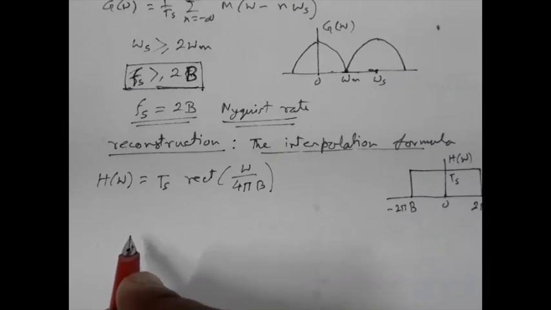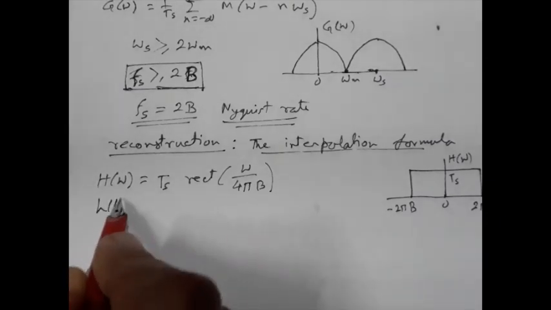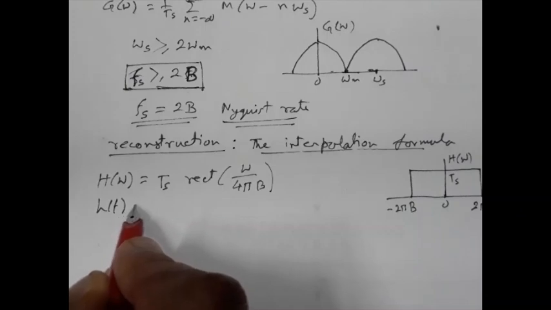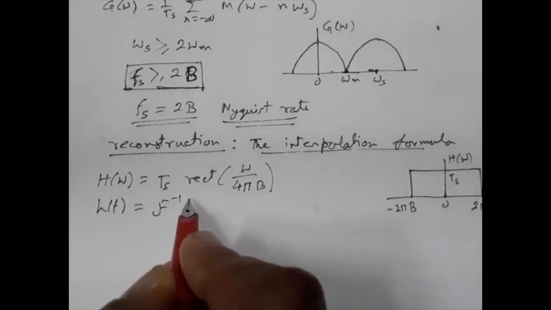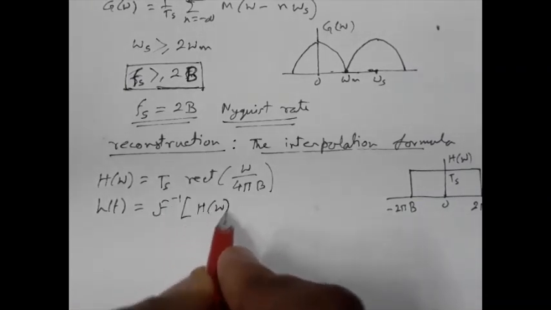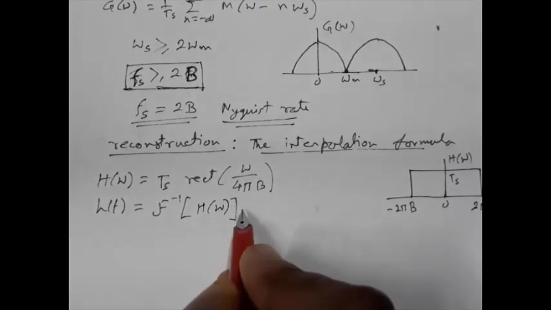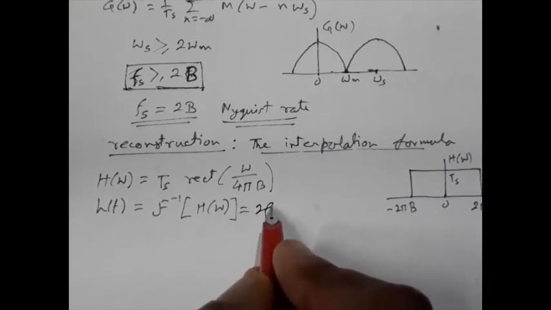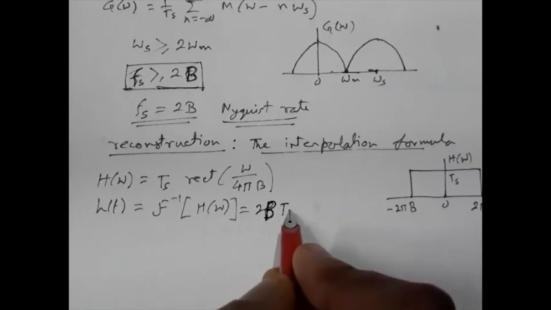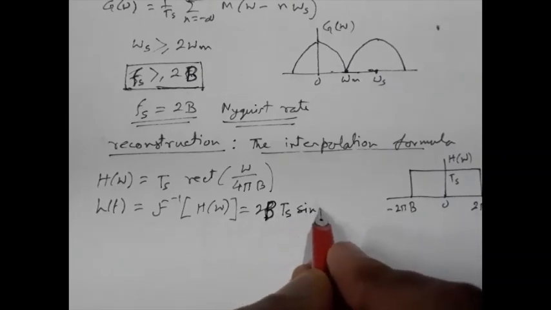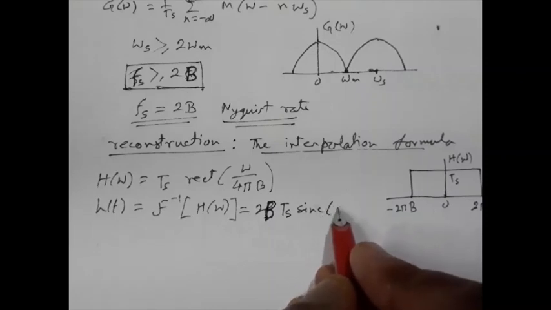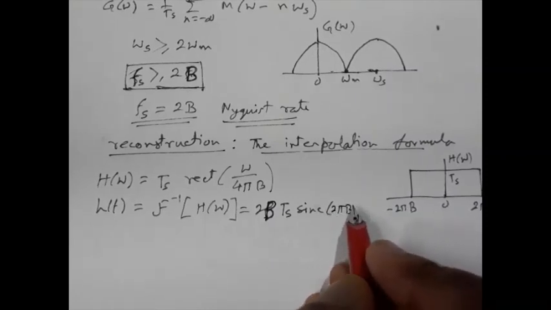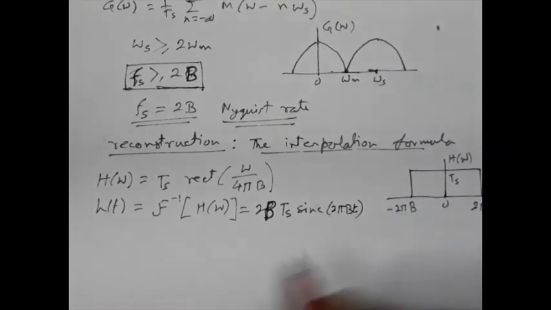The impulse response of this filter, h(t), which is equal to the inverse Fourier transform of the transfer function, can be written as twice B into Ts sinc function of 2 pi B t.